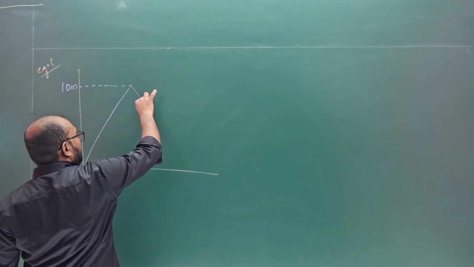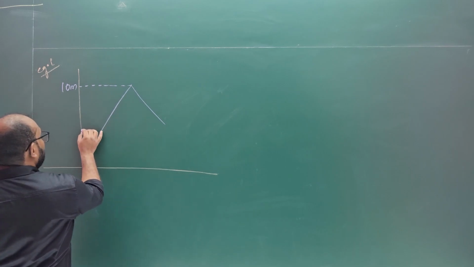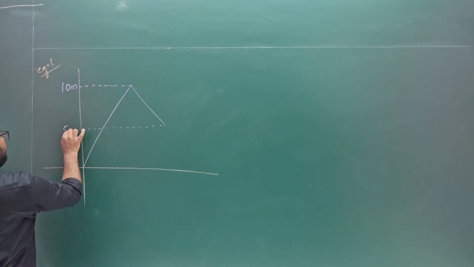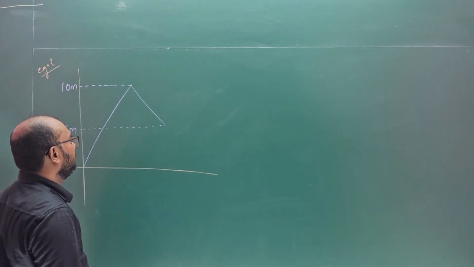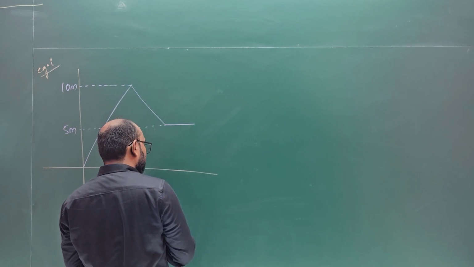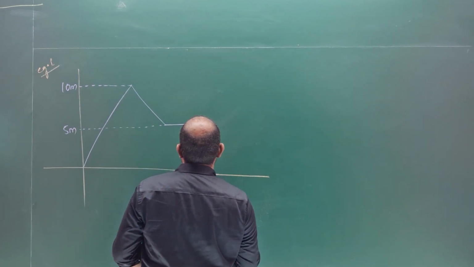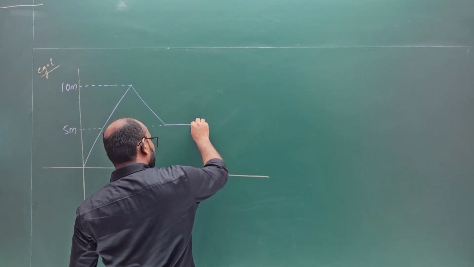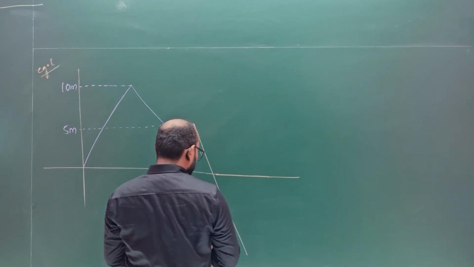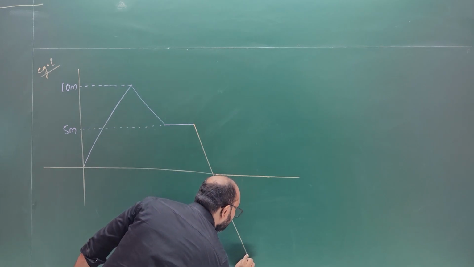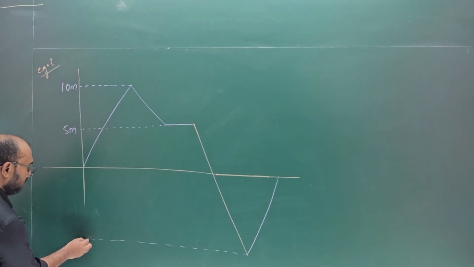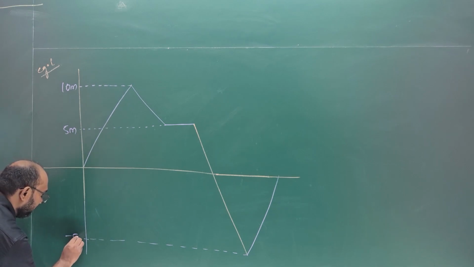Then it comes over here. Consider this as your 5 meters. Then the body moved in this direction, in the negative direction. Then from here, it reached to here. Consider this is minus 5 meters.